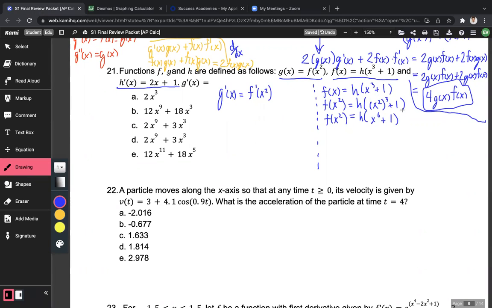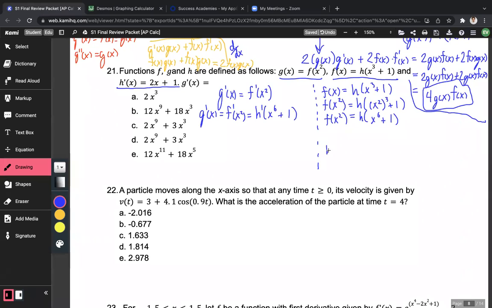Okay, you might be saying, so now what? How does that actually make things any easier? Well, it means that g prime of x equal to f prime of x squared is going to equal h prime of x to the 6th plus 1.